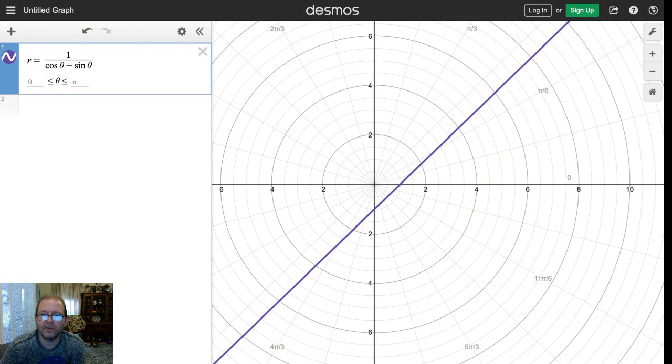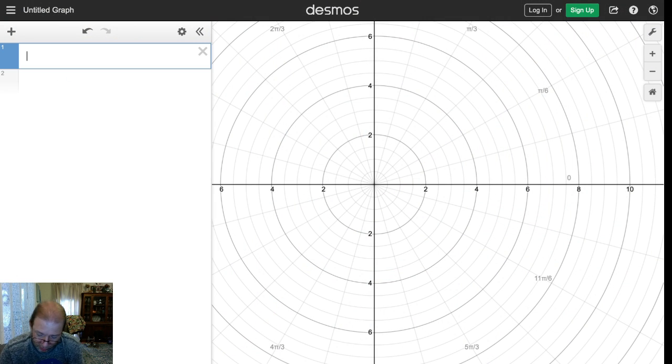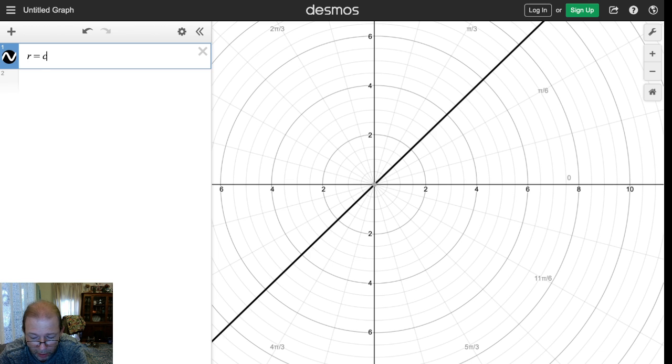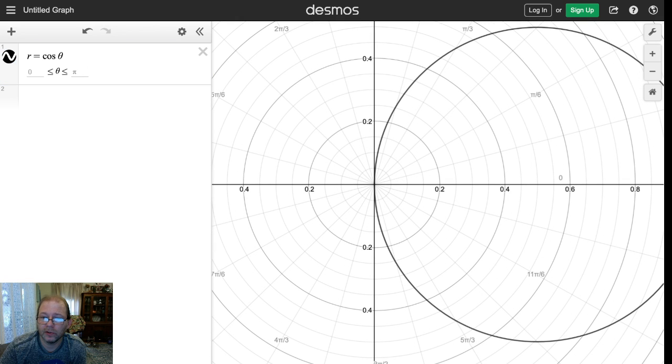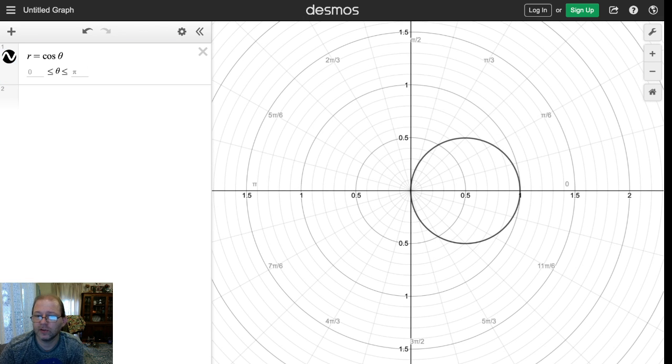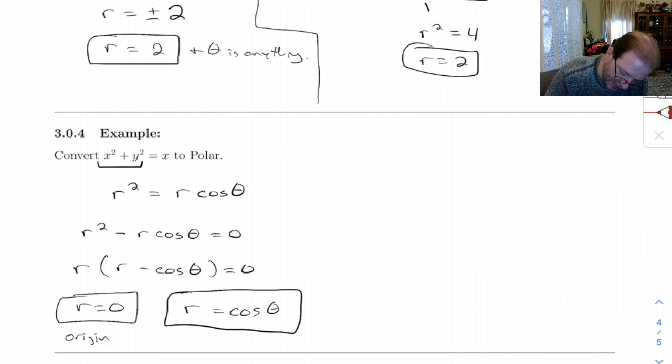If I just graph this on Desmos, r equals cosine theta, notice this includes the origin. It's this circle. It includes the origin. So that means I can throw this part out. I don't need it, not because it's not true, it's just that this is included over here.